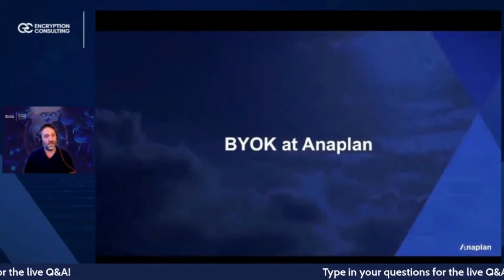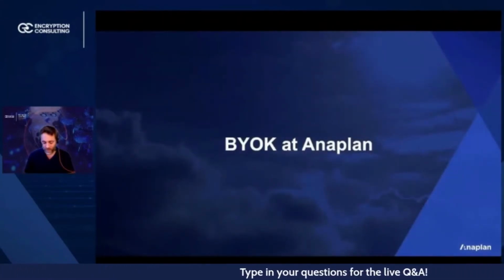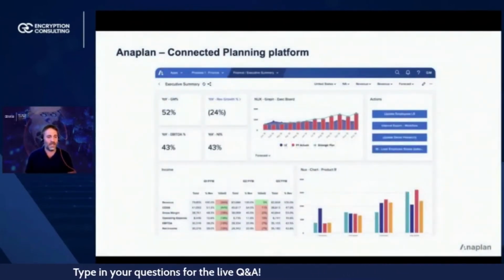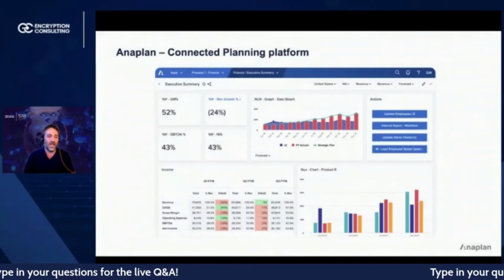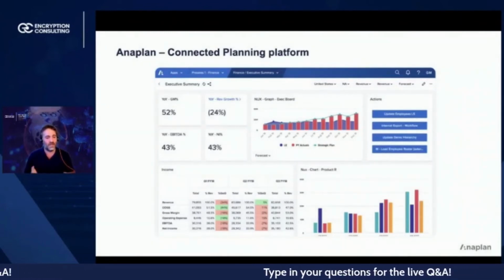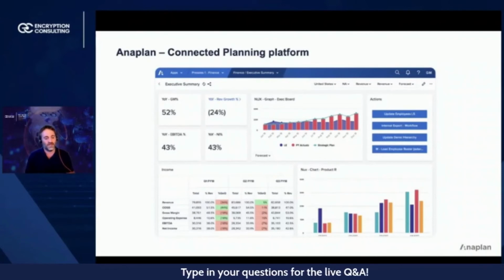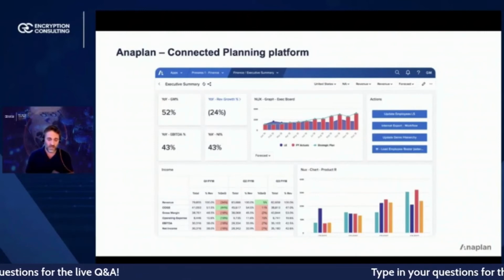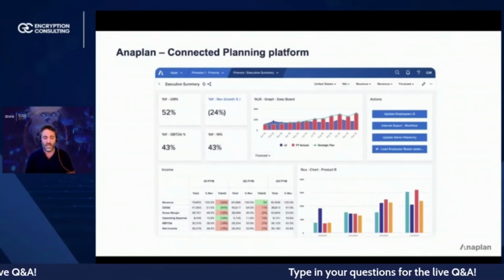All right, let's talk about what we do at Anaplan with BYOK. Just one word about Anaplan. Anaplan is a SaaS solution for connected planning. The most common type of business planning is financial planning, which is easier to understand, but you can definitely do planning across your organization, in marketing, HR, and even engineering.